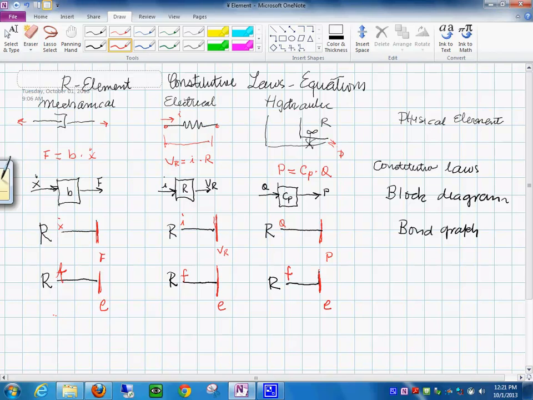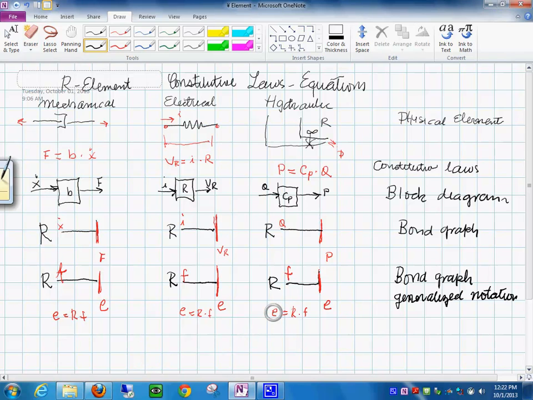The law for this is that E is equal to R times F. For this one, we also have E is equal to R times F. And then finally, we say E is equal to R times F. So this is the bond graph, and I would call it the bond graph generalized notation.